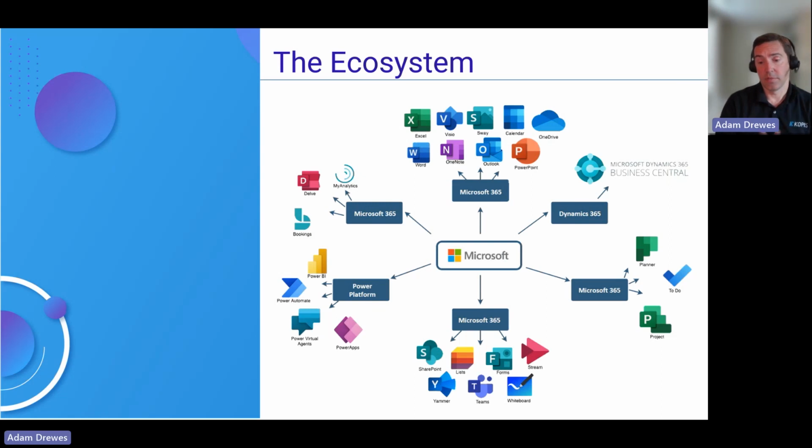When it comes to the ecosystem, we're just showing the Microsoft ecosystem, but they continue to make this an immersive experience amongst all of their platforms and applications. So we're seeing each year the integration between Business Central and other things, SharePoint, Power BI, Power Automate, Power Apps, Teams, all of that get tighter and tighter.